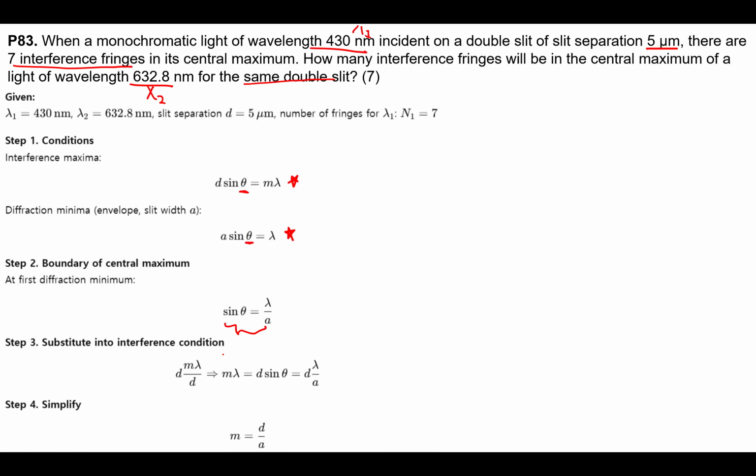Substituting into the interference condition, d sin theta, we get this number. I think that this is wrong. Okay, d sin theta: here sin theta has been changed into lambda over a, so that it should be lambda.